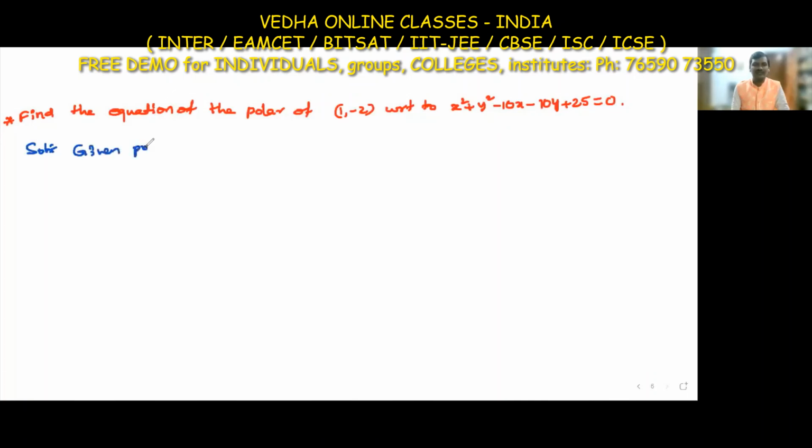The given point I am taking as P equal to (1, -2). The circle is also given. The given circle equation I am considering as S equal to x square plus y square minus 10x minus 10y plus 25 equal to 0.